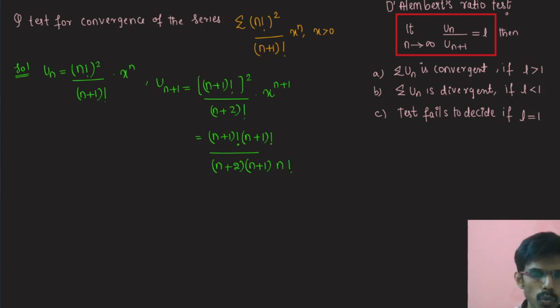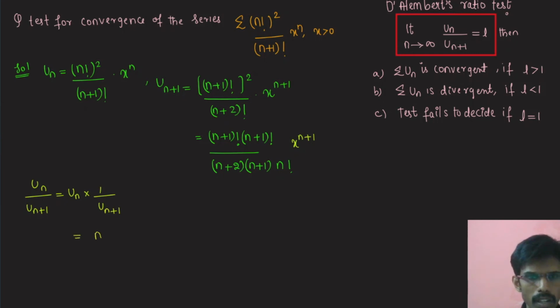The ratio of un upon un plus 1 will be un into 1 by un plus 1.